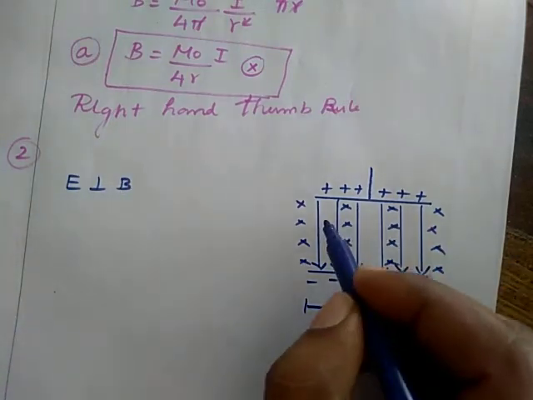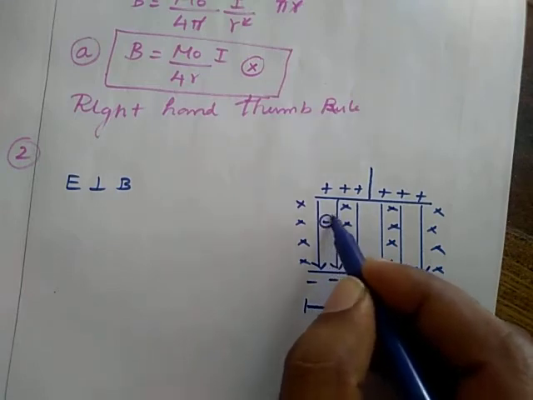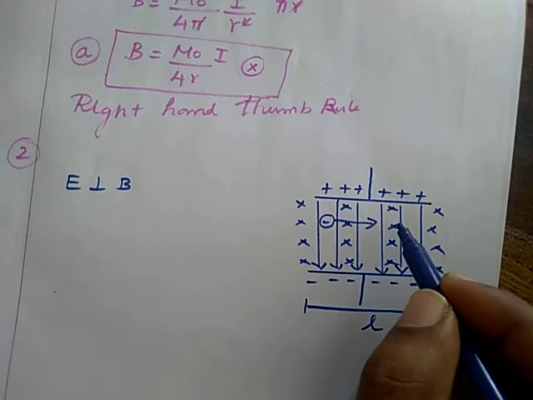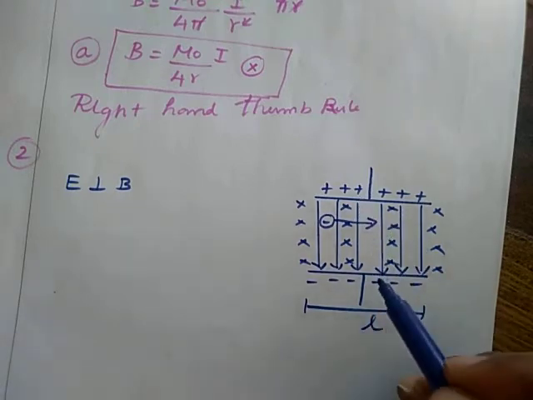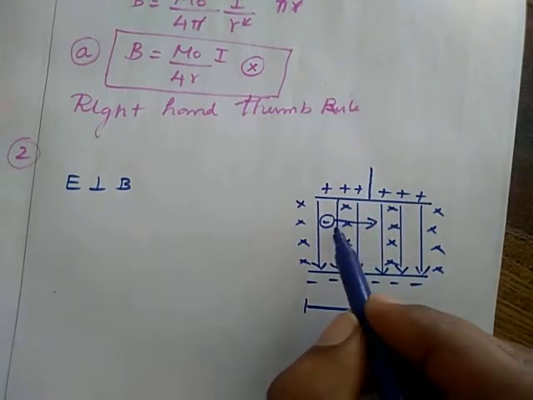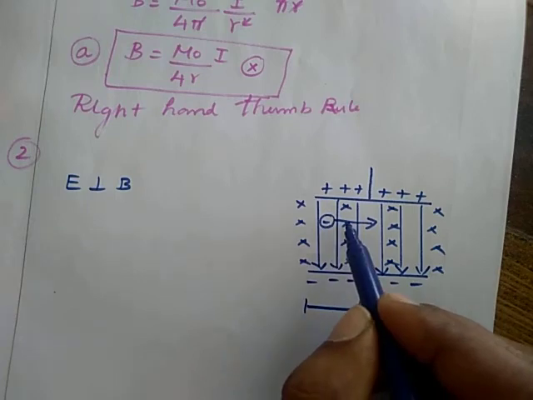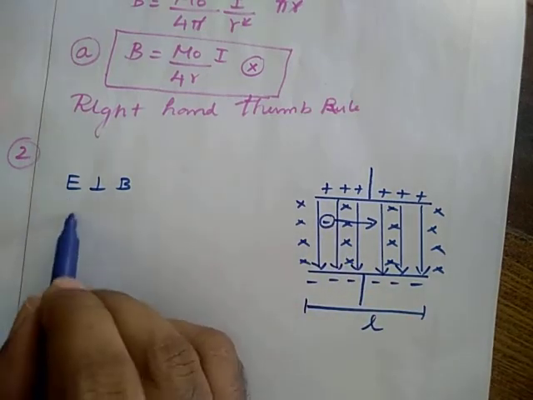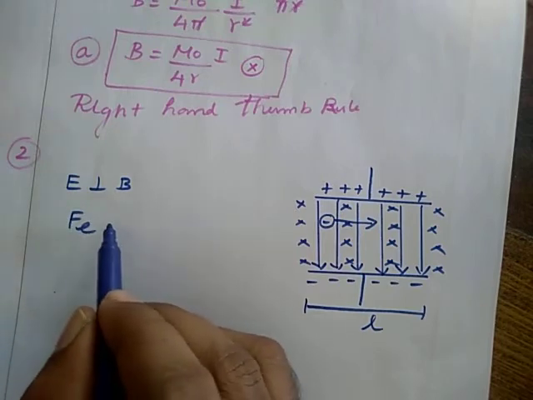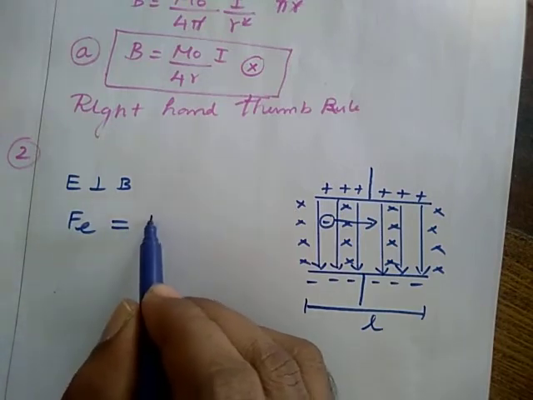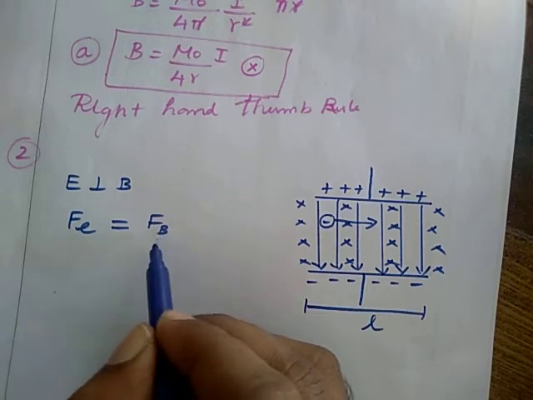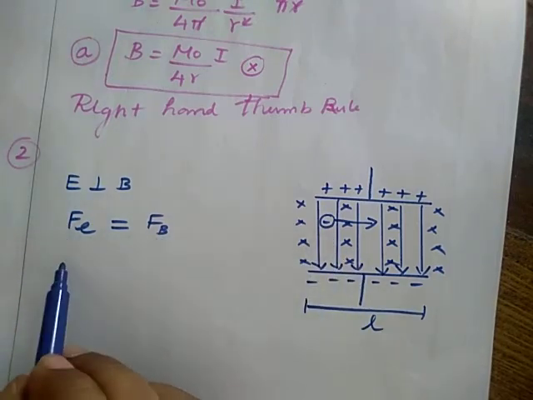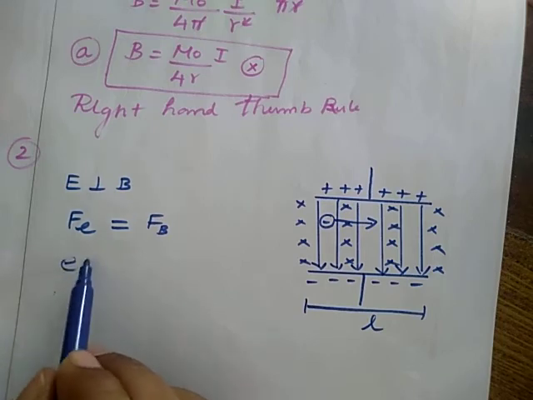We are moving the electron with the velocity v in a straight direction. It does not deviate up or down. So the force experienced by the electron due to the electric field is equal to the force experienced by the electron due to the magnetic field. We know the electric force can be written as eE.